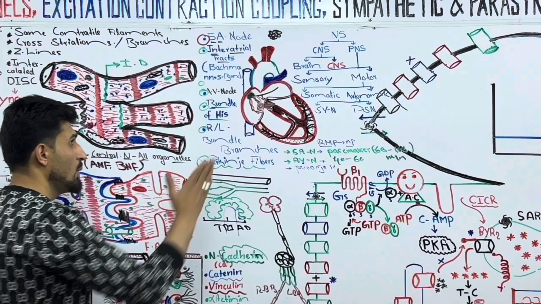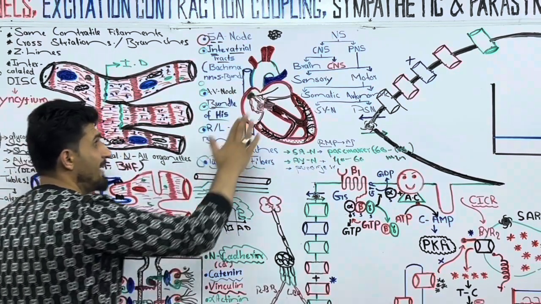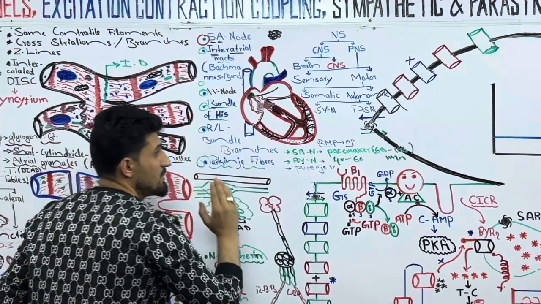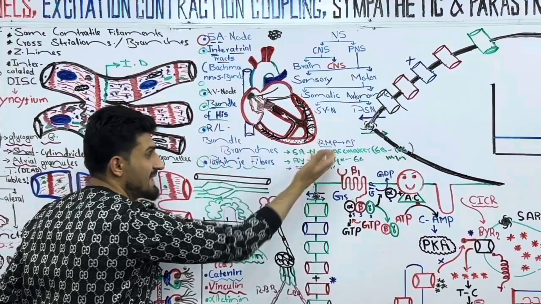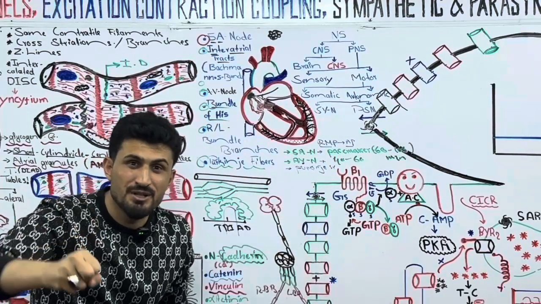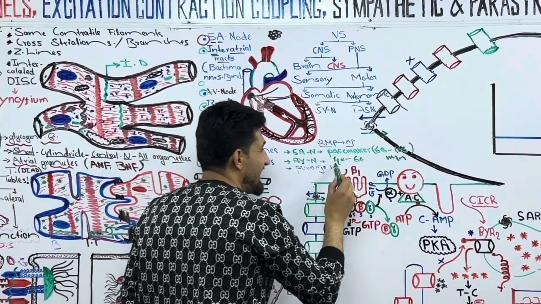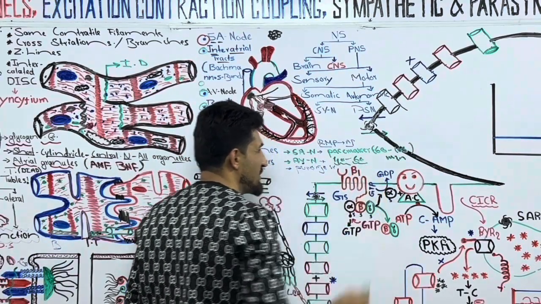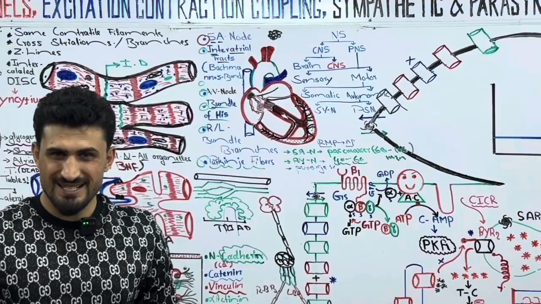Now when you damage the SA node, the AV node goes to depolarization, or acts as a pacemaker, and the AV node produces the heartbeat. But now the heartbeat is less than with the SA node, around 40 to 60.